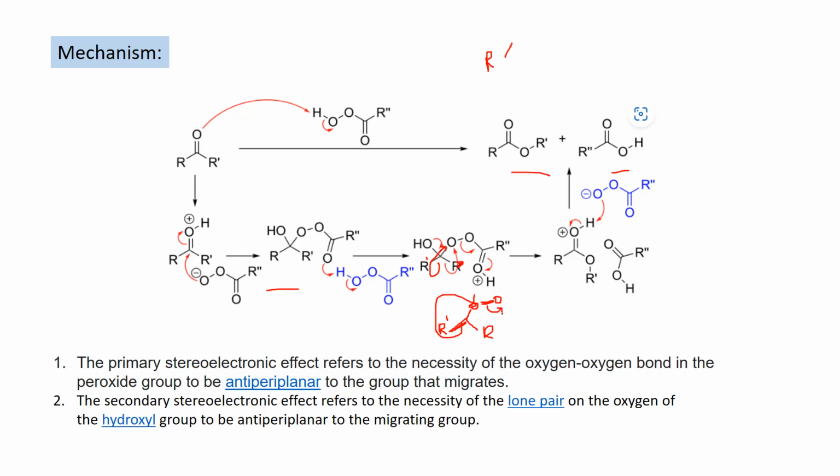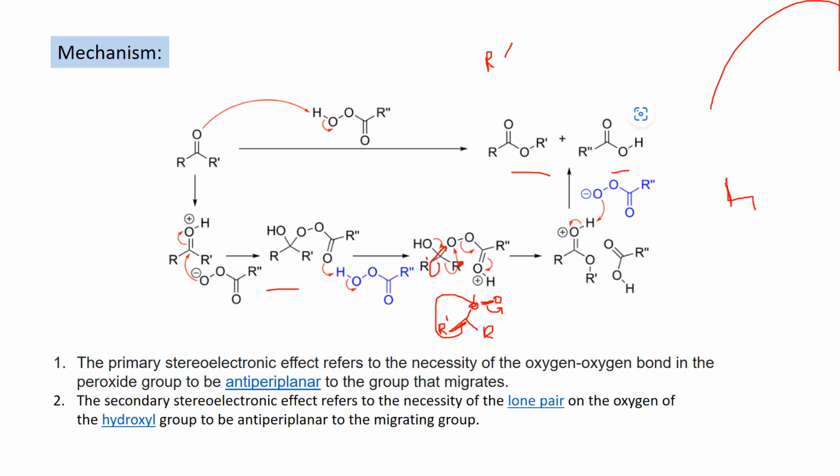So those two bonds, the migrating bond and the breaking bond, the bond which is getting broken and the migrating bond, should be anti-periplanar. What is anti-periplanar? It means they should be just opposite to each other. This is called anti-periplanar arrangement.